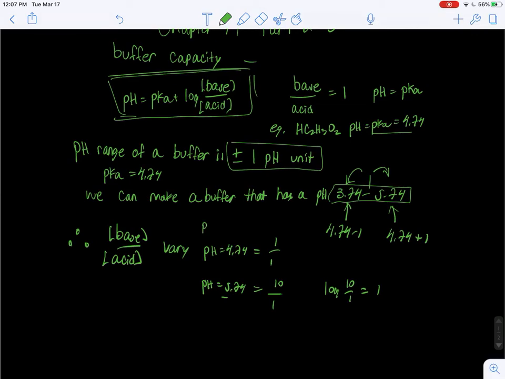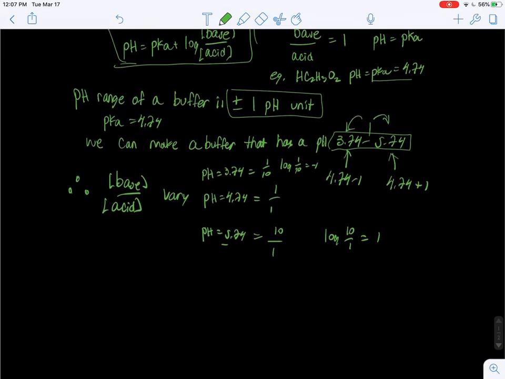And if the pH is equal to 3.74, right, it's going to be 1 to 10. And so, again, log of 1/10 is minus 1. So if you plug it into the Henderson-Hasselbalch equation, it'll be 4.74 minus 1, okay?